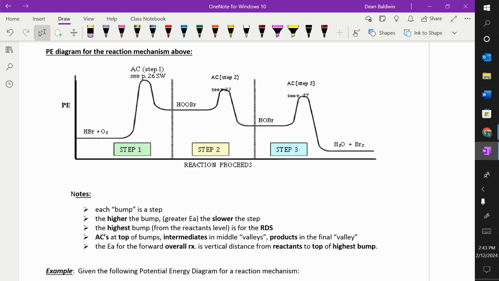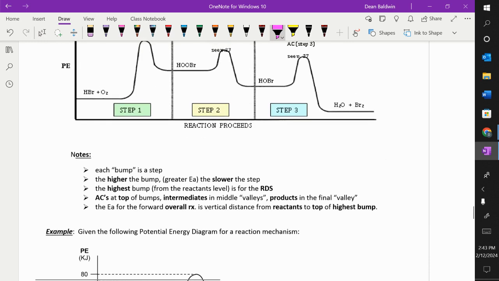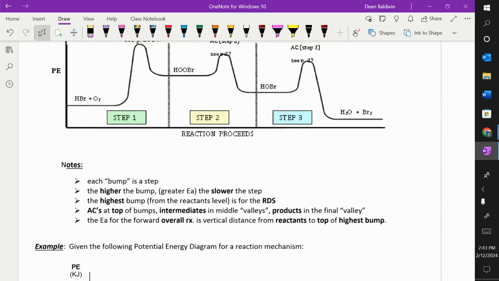A couple things that are important here. So the highest bump is the rate determining step, okay? It has the highest activation energy. That's why it's the slowest step.